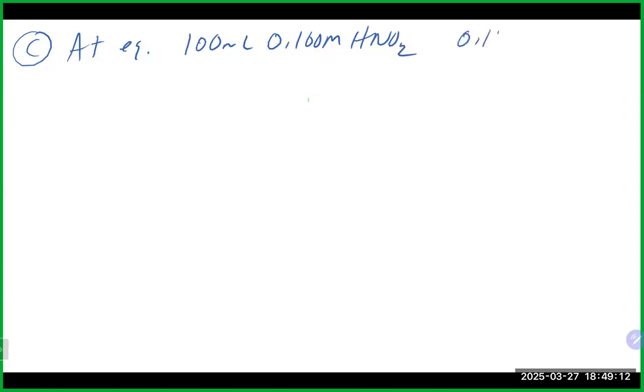So in part C, at the equivalence point, we again have our 100 milliliters of 0.1 molar nitrous acid, and we're adding our 0.1 molar sodium hydroxide. So we will get our reaction like we had in the previous step.